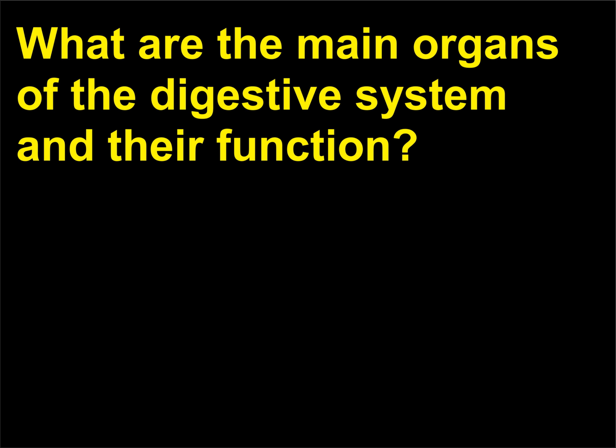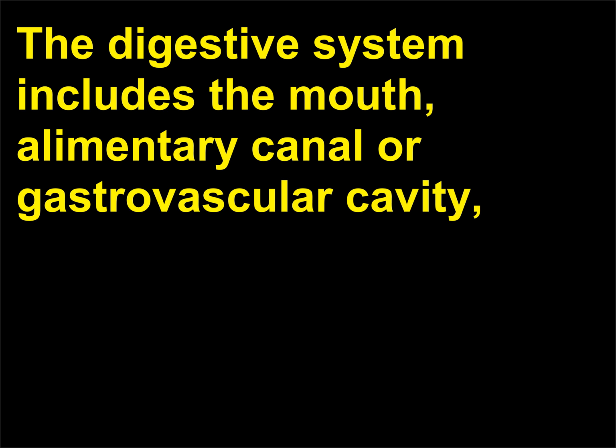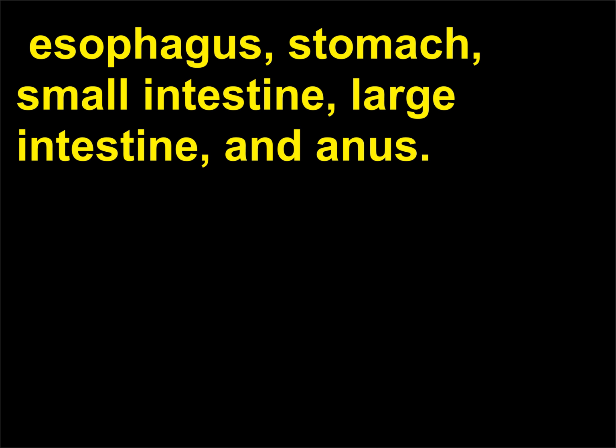What are the main organs of the digestive system and their function? The digestive system includes the mouth, alimentary canal, or gastrovascular cavity, esophagus, stomach, small intestine, large intestine, and anus.